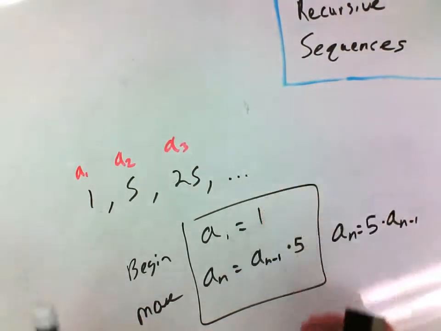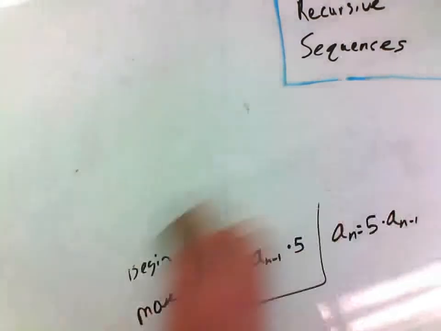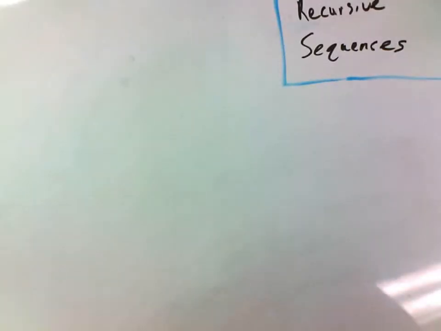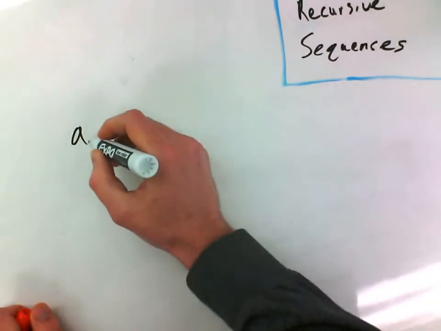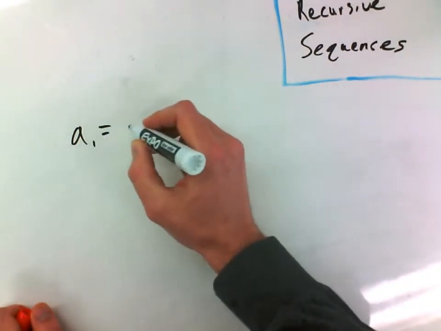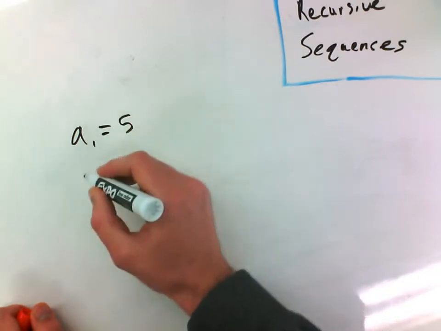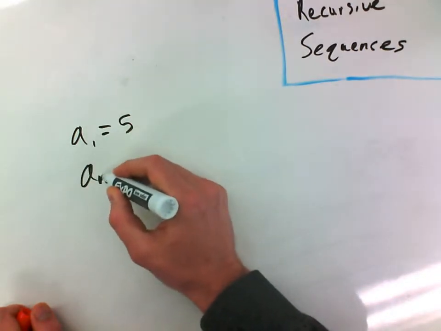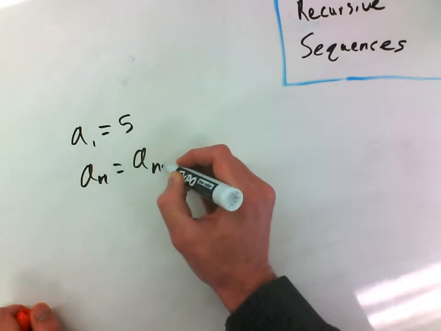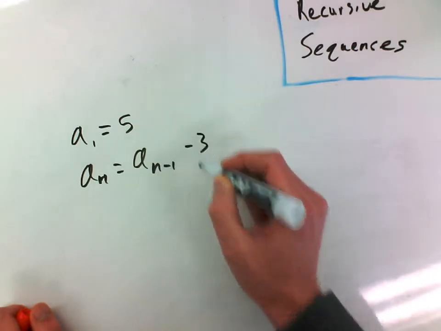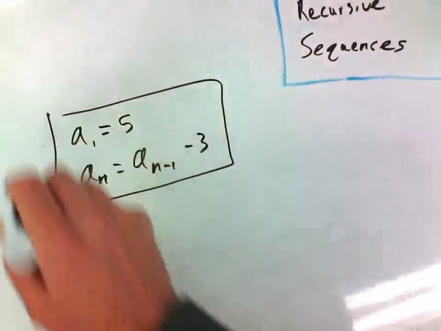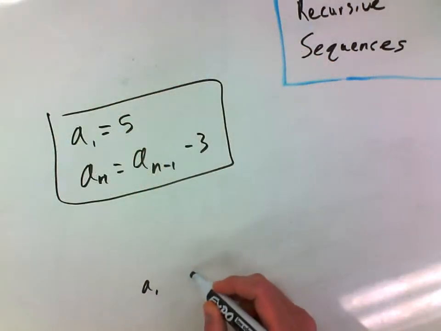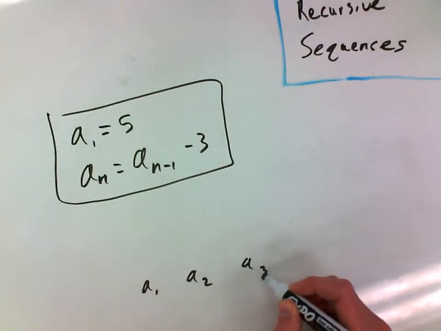So sometimes you'll be asked to create the equation. Sometimes you'll be given the equation and asked what sequence does that make, right? So if I came up with this sequence, let's say I started at 5, and it was a sub n equals a sub n minus 1 minus 3. Okay. So what sequence is this? Well, I want to find some terms of this sequence, right?